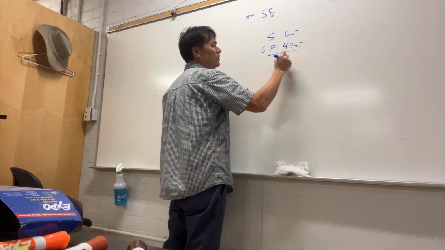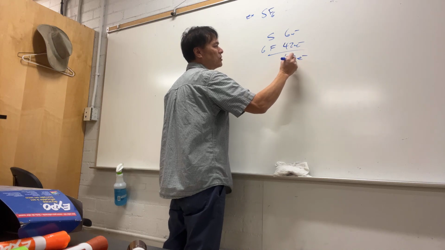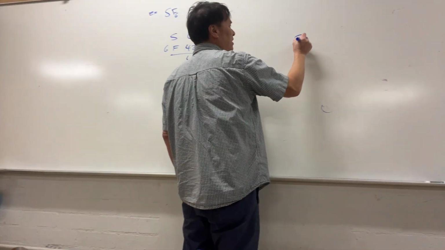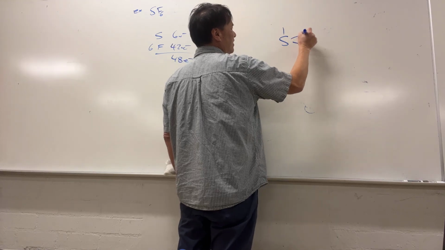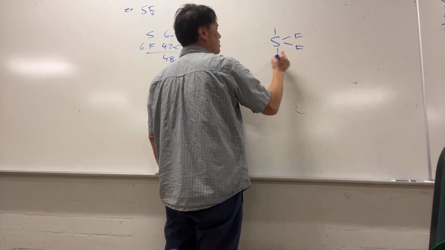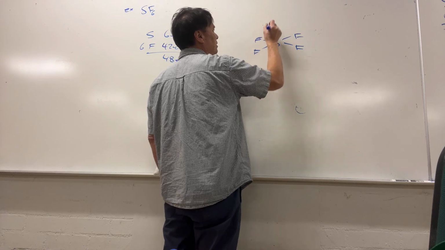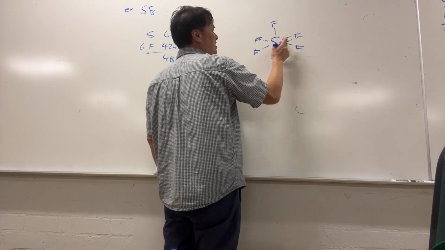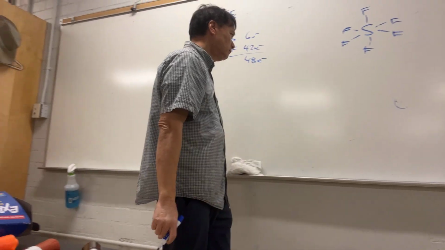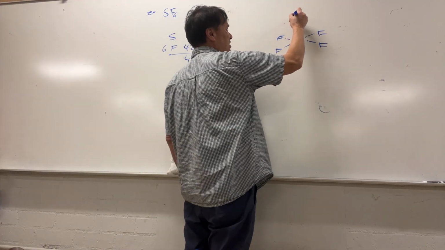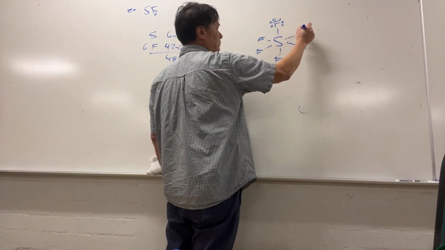And then that gives us a total of 48 electrons. Fluorine never goes in the center of anything, so we're going to stick 6 fluorines on the sulfur. And that's way more than an octet. An octet is 8. This is 12. 2, 4, 6, 8, 10, 12. And then we use the rest of the electrons to complete the octet of the fluorines.